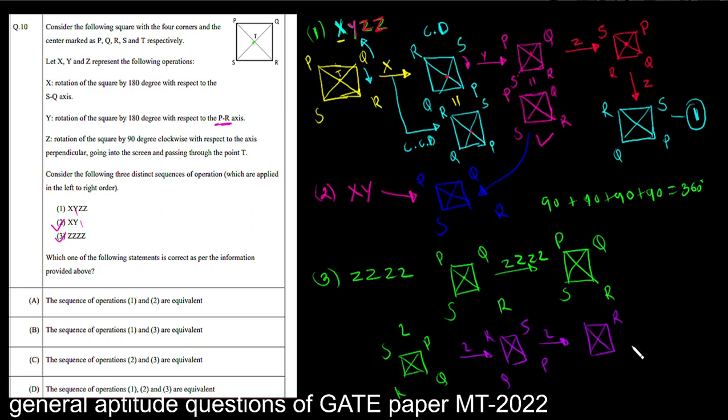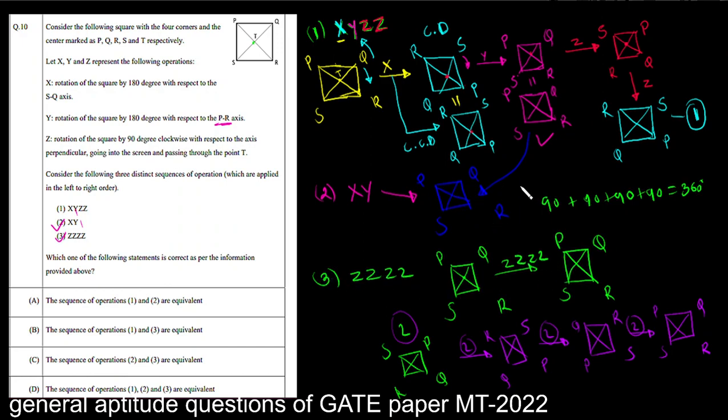It will turn out to be R, S, P, Q, and the last time we apply Z, we end up with P, Q, R, S, which is exactly the same as this green one, the initial one. So we have applied Z 4 times, first, second, third, and fourth, which is nothing but our third sequence.